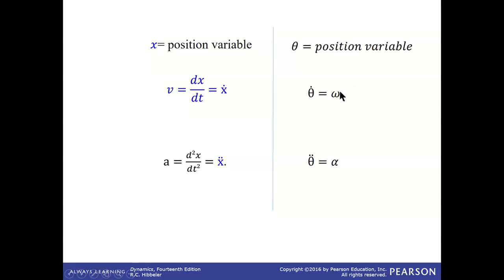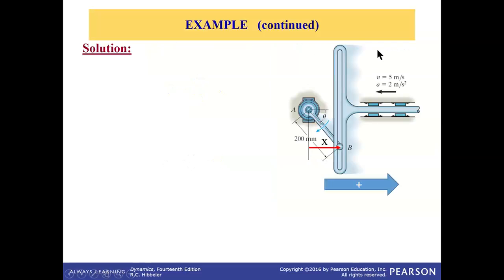Then theta dot, which is d theta by dt, is omega, the angular velocity, and theta double dot, which is d square theta divided by dt square, is alpha, the angular acceleration. So just remember x, x dot, x double dot, and theta, theta dot, theta double dot: position, velocity and acceleration for linear and rotational systems.